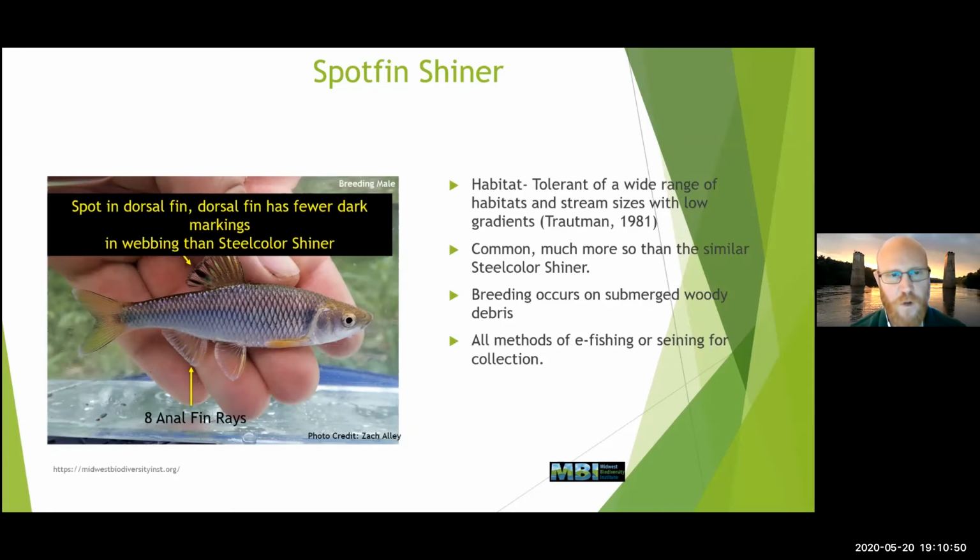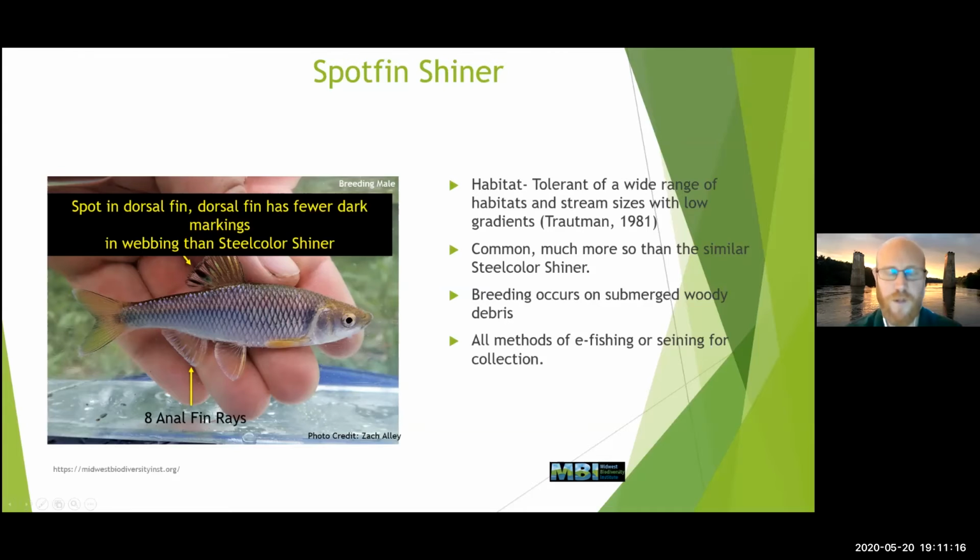And then all of the dorsal rays will be colored dark with a steelcolor, while the spotfin here just has it on the back few rays. Another characteristic is 8 anal rays for a spotfin, sometimes 9, not very often, but if you get 8, you've got a spotfin.